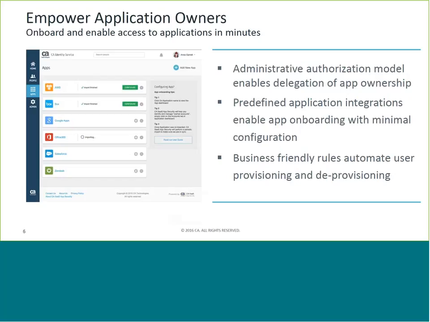Now, administrators often have to know that they have control over their applications. We don't want one global admin for everything. That delegation structure really doesn't work for anybody. It makes one person do all the work. And so with CA Identity Service, we can allow our administrators to delegate access.